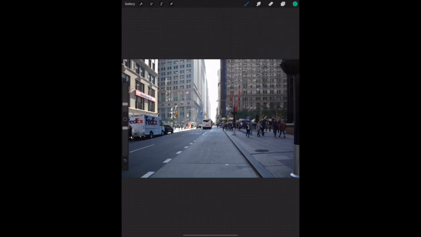In an image like this, if you can find two linear elements that you know are parallel in space, for example, let's take this row of dotted lines in the street and this curb.